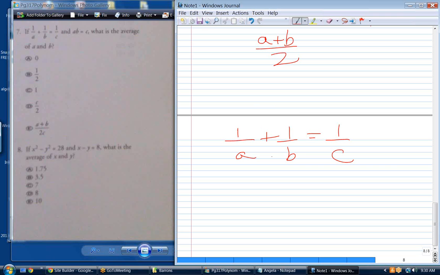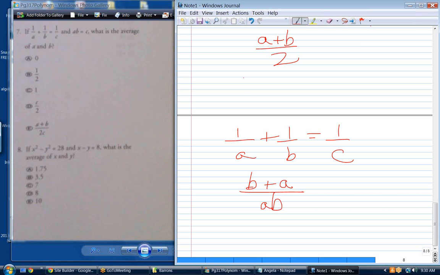So let's go ahead and perform this addition. What's 1 over A plus 1 over B? It's going to be B plus A in the top over AB.